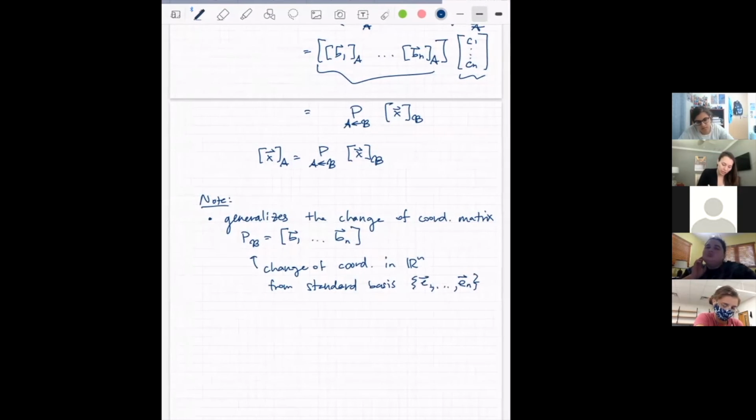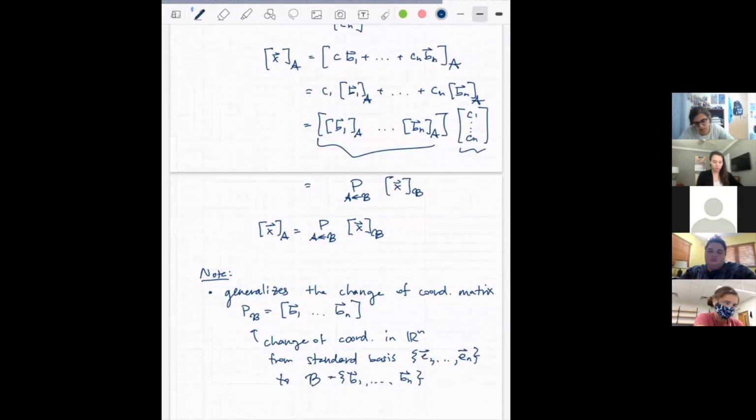So from this basis to the basis B, which would be your B1 up to Bn. You can see that this does agree.